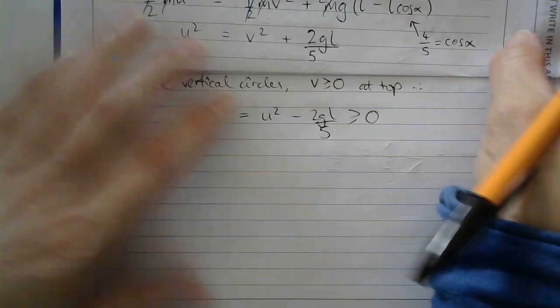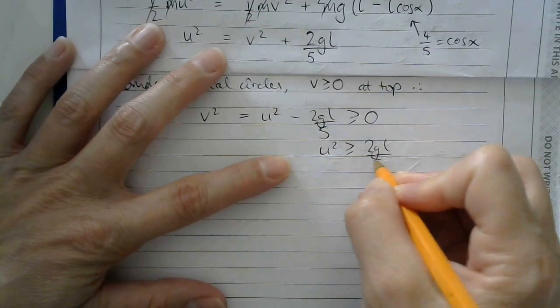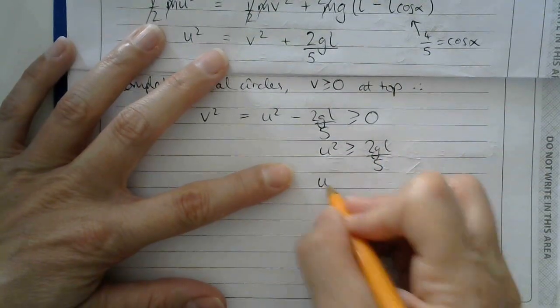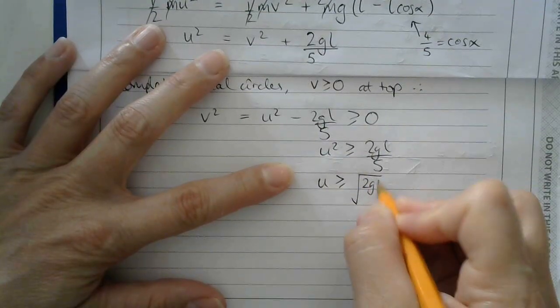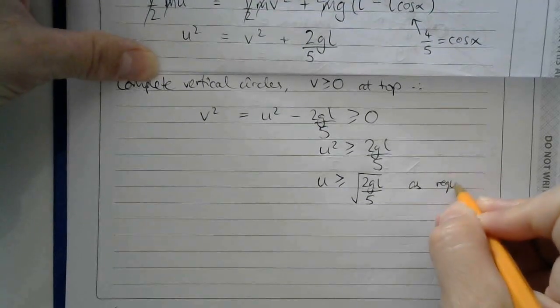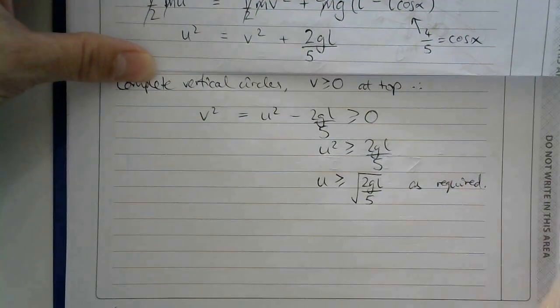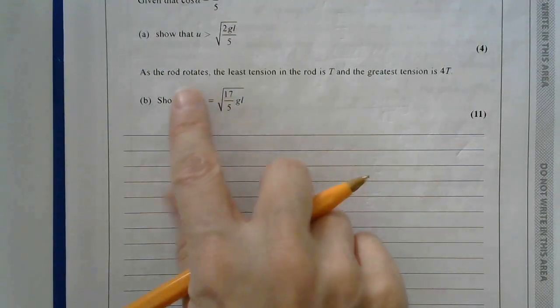Therefore u squared is bigger than or equal to 2gL over 5, and therefore u is bigger than or equal to root 2gL over 5, as required. Okay, so that is for the first 4 marks.